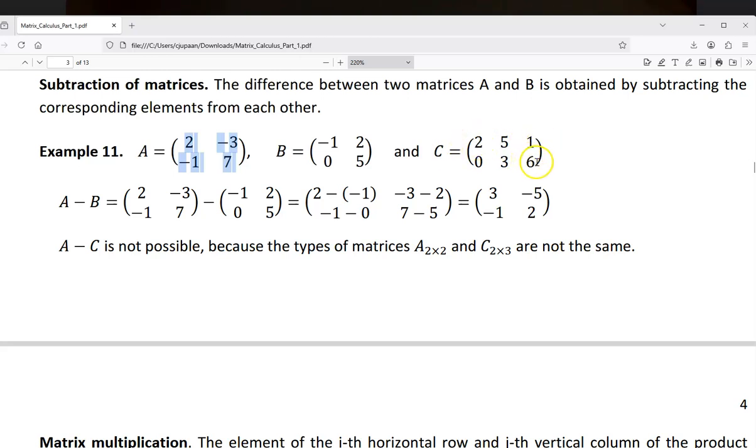So it is impossible to calculate A minus C, because they are not the same type or not the same dimension. And also it is not possible to calculate C minus A for the same reason. So in addition and also in subtraction, you need to have the same type of matrices.